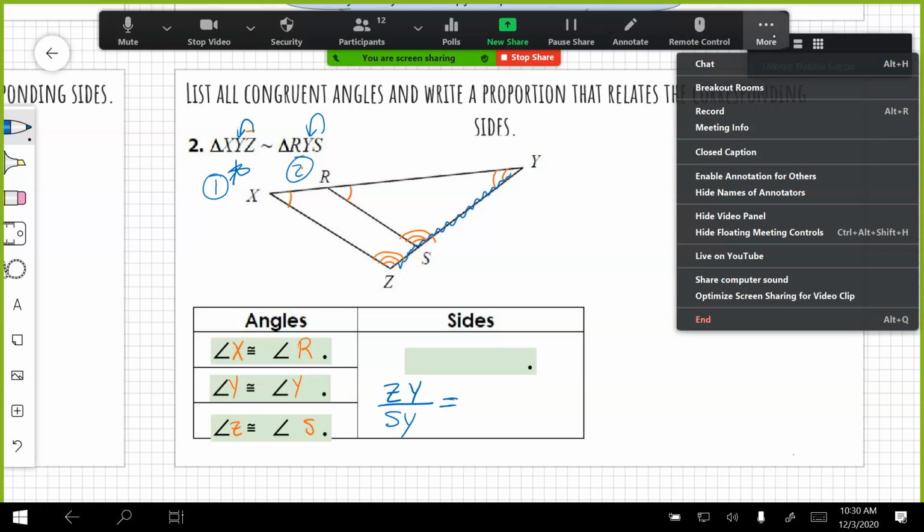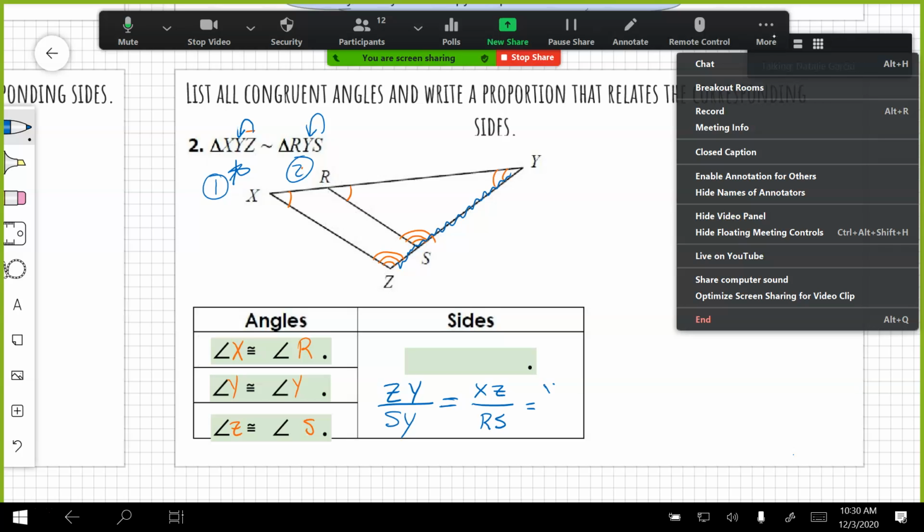Oh, okay. So can you give me another side on that first triangle? Yeah. So XZ. XZ, I like it. So if we have XZ, what would that corresponding side be on the other triangle? RS. Yeah. And that's going to be equal to, can you give me the last one?